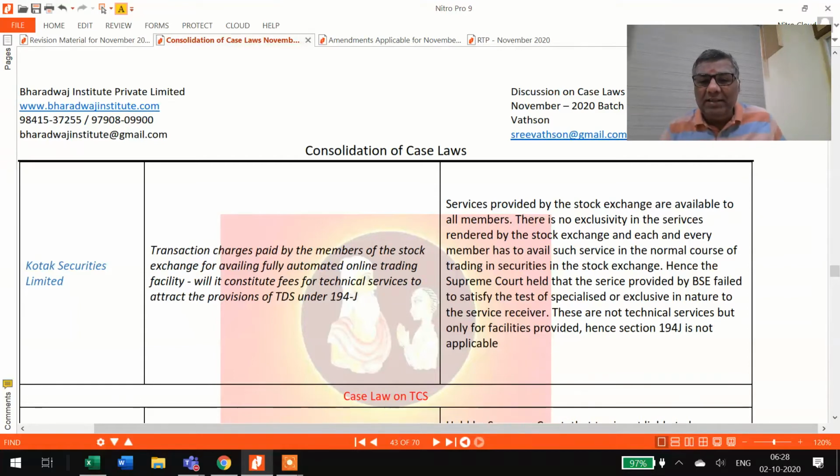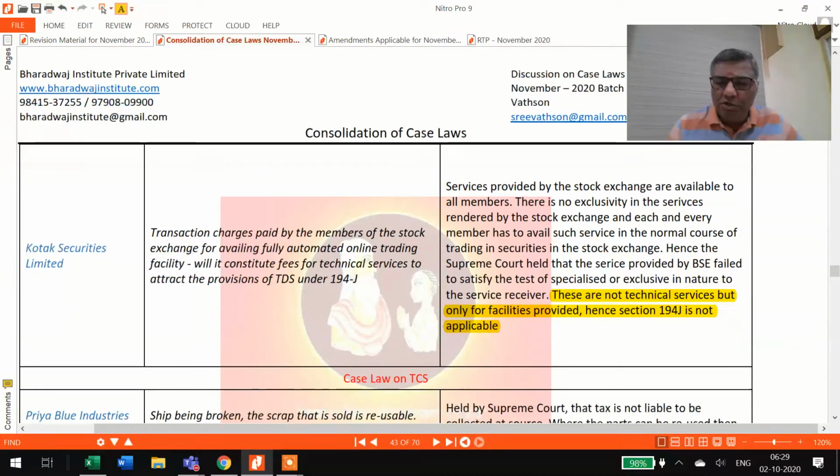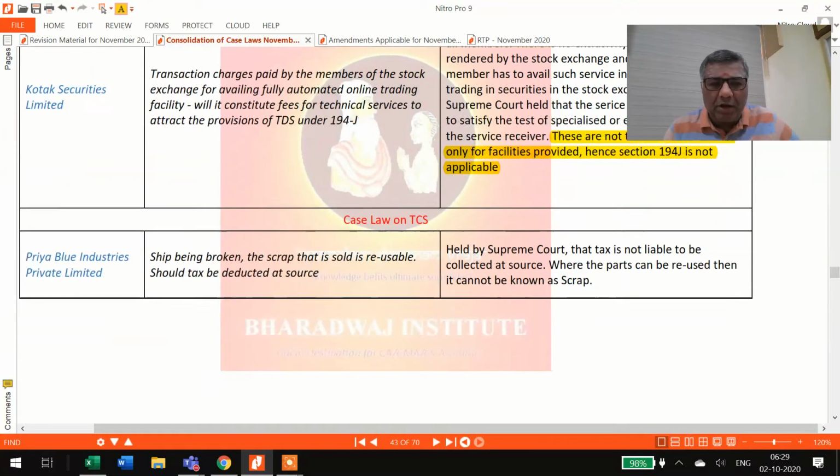These are not technical services, but only facilities provided. Hence, 194J will not get attracted. This is not a specialized service provided only to one person. It is a service which is general in nature. The facility is available, whoever pays can avail that facility, so it cannot come under 194J.